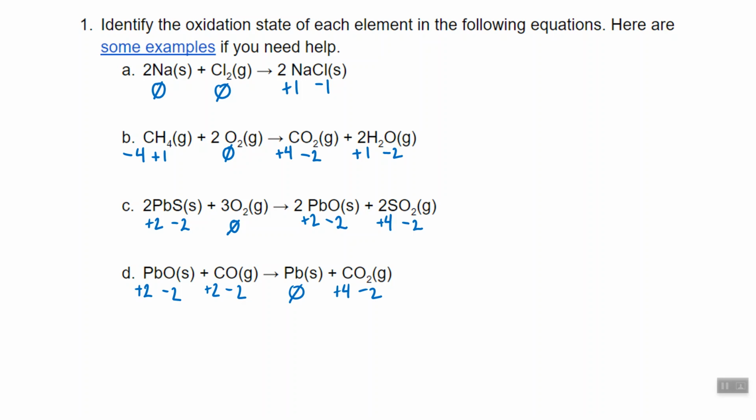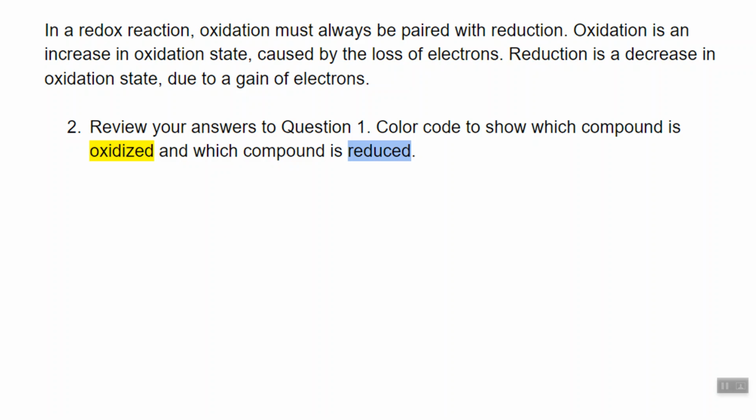The reason we want to assign these oxidation states is so that we can determine what's being oxidized and what's being reduced. Oxidation must always be paired with reduction. Oxidation is an increase in oxidation state caused by the loss of electrons, and reduction is a decrease in oxidation state due to the gain of electrons.